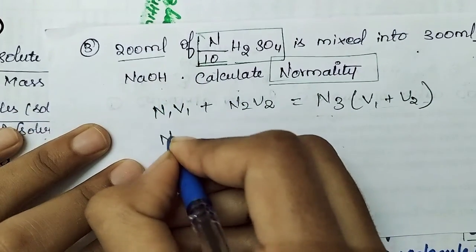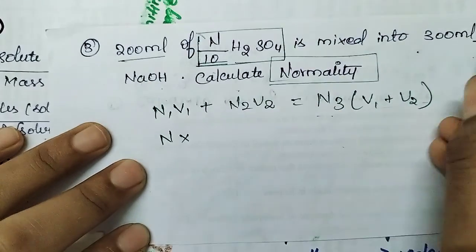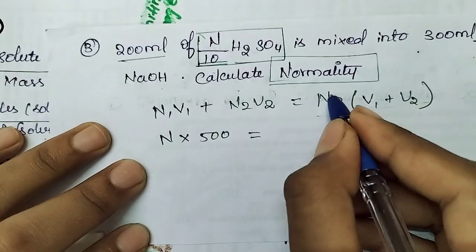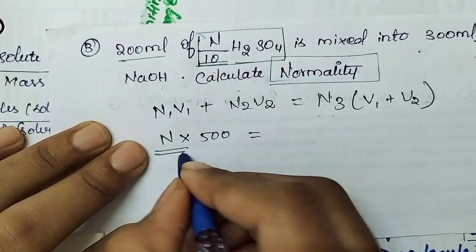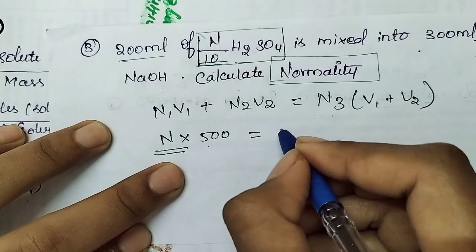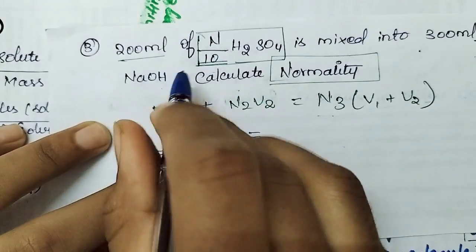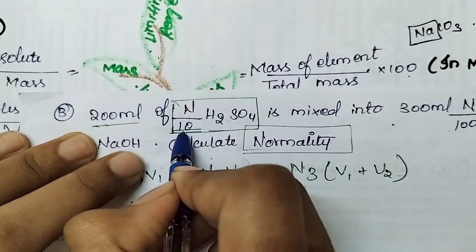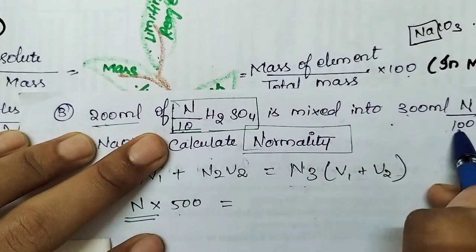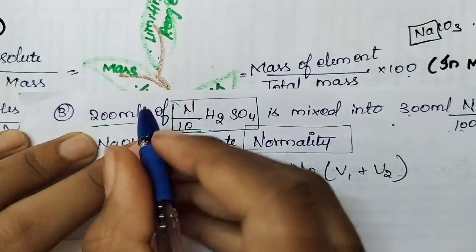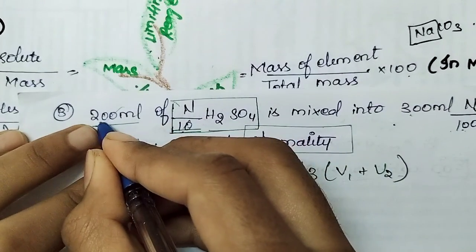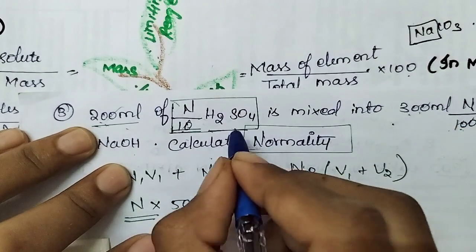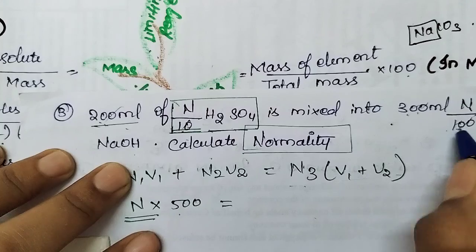So total volume is 200 plus 300, we get 500 ml. Final normality into final volume. If you see keenly, this is 200 by 10, this is 300 by 100, which is more? After cancelling, this is 20 and this is 3. So the acid is in excess compared to the base.